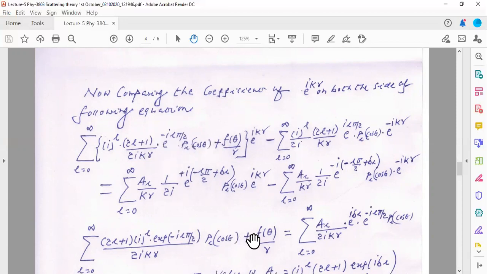Plus f(theta) over r. You see, this is f(theta) over r. This is not in this summation. Please remember, f(theta) over r is not in this summation. It is a separate term. So it is f(theta) over r. Please note down this, right?